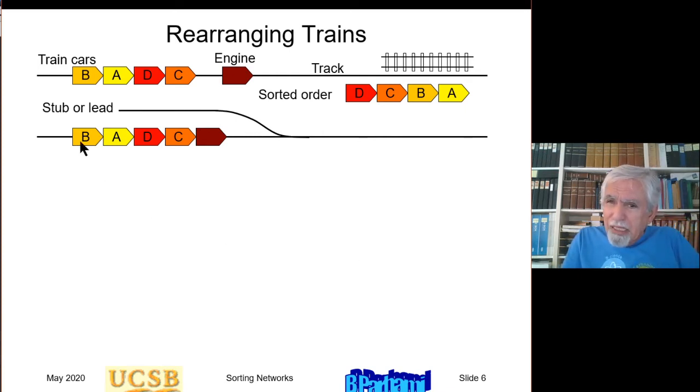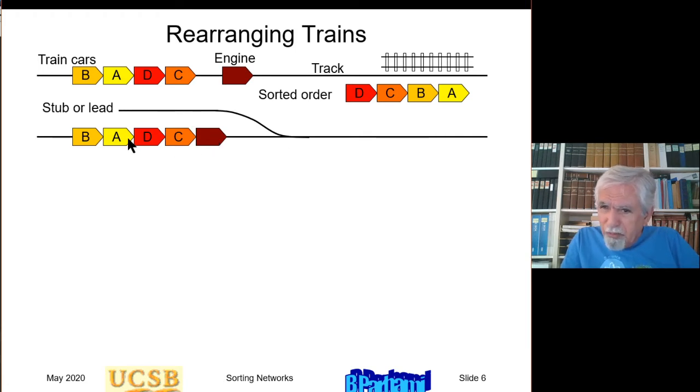One of those aids is what is called a stub or lead. A stub or lead is a piece of rail that connects to the main track as shown here. And of course there's a switch here that allows a train approaching this point to either go into the stub or continue on the main track.